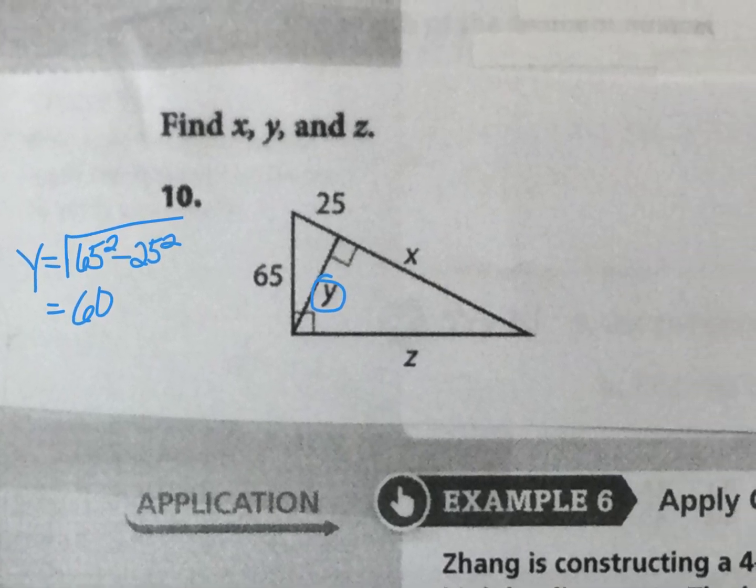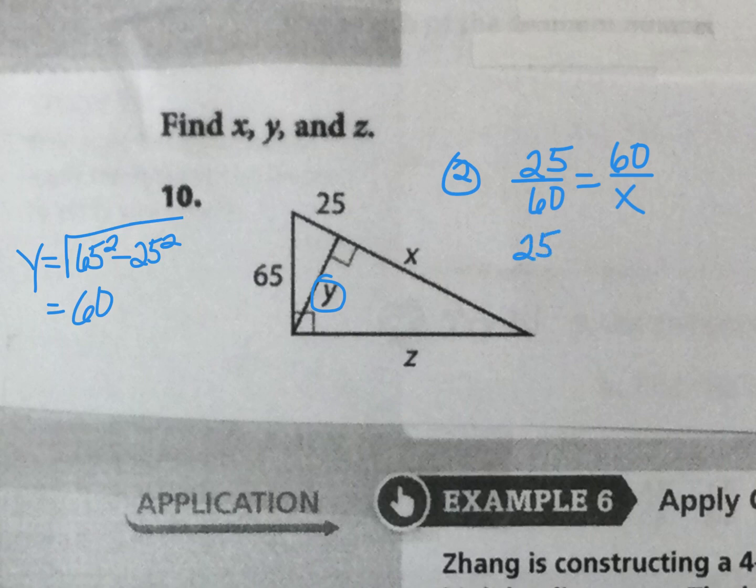Now I'm going to find x. 25 is to 60 as 60 is to x. So I get 25x equals 3,600, so x equals 144.